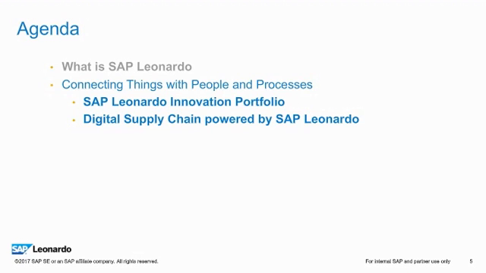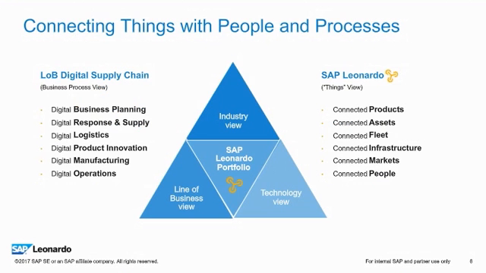Now that you understand what Leonardo is, let's talk about the portfolios. On one hand, we have SAP Leonardo portfolio, and on the other hand, we have line of business supply chain, which is powered by SAP Leonardo. Leonardo has 2 views.